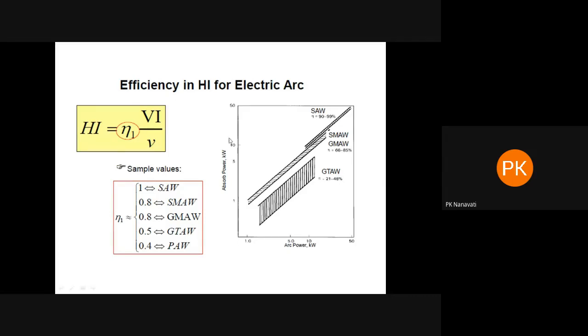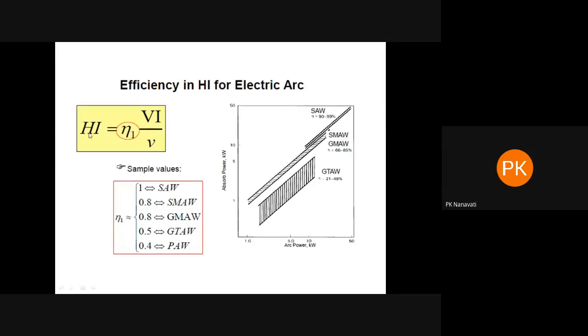It means the process efficiency is 90 to 99%. It means the amount of heat delivered from the source to destination, from the electrode to workpiece, is 100%. In other arc welding processes, shielded metal, gas metal, tungsten arc welding, and plasma arc welding, you have some efficiency factor.